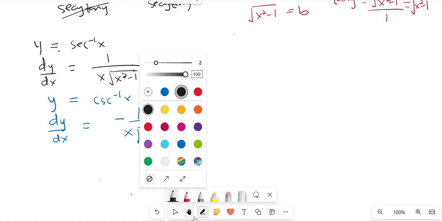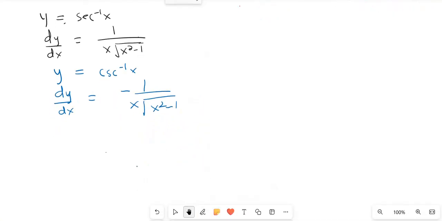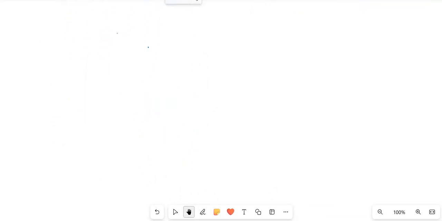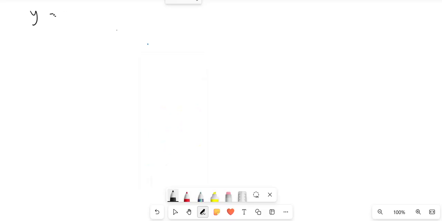I can summarize them here for you real quick. If y equals the sine inverse of x, then dy/dx equals 1 all over the square root of 1 minus x squared.